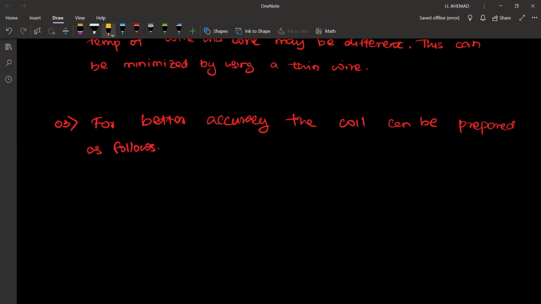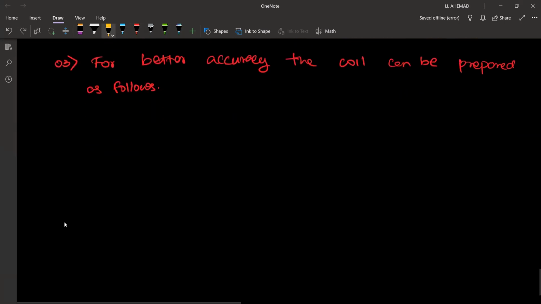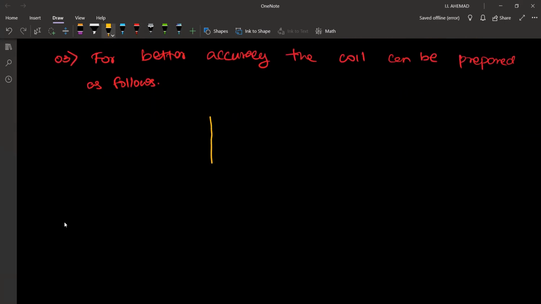You can take a wooden core, and this is the wire.